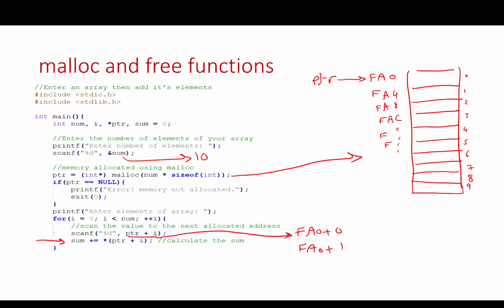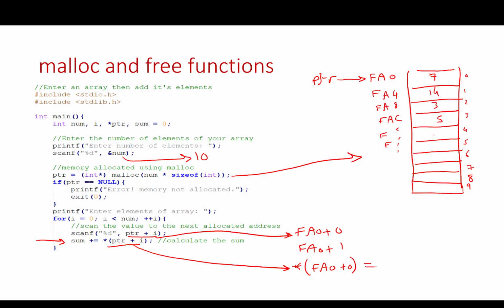So if I'm at FA0, let me write it here. Let's say the value here is 7, and here 14, 3, 5, and so on.